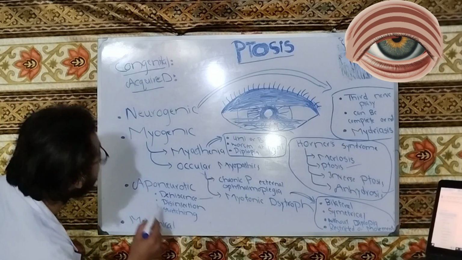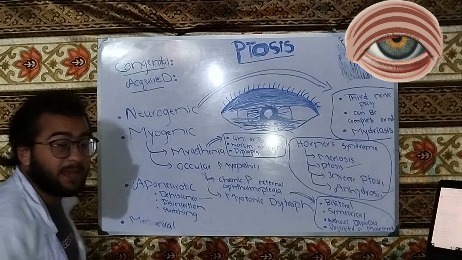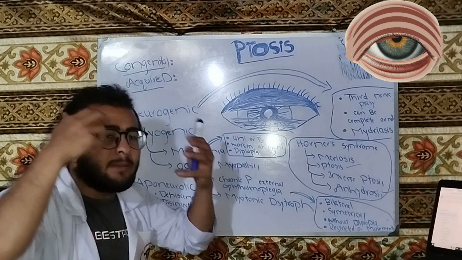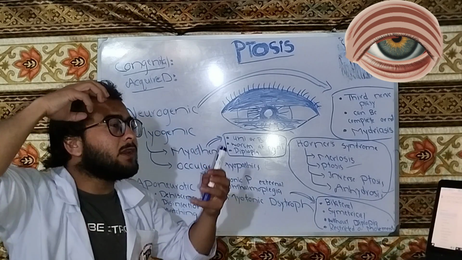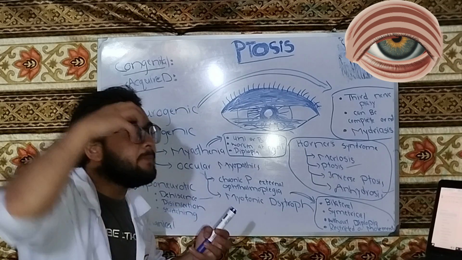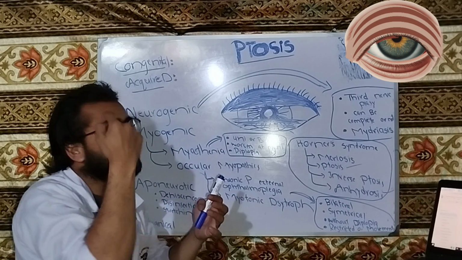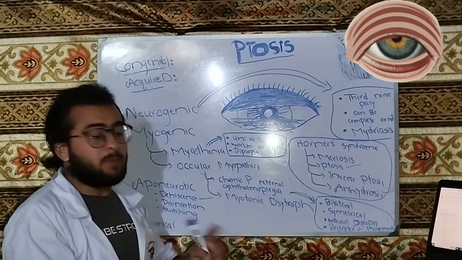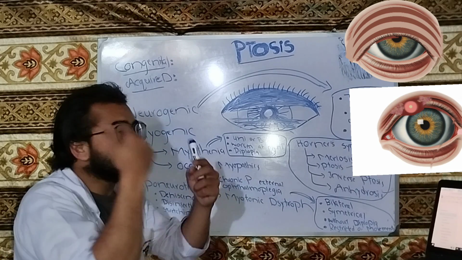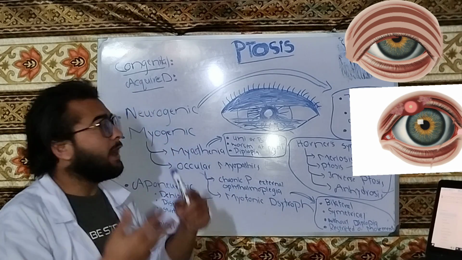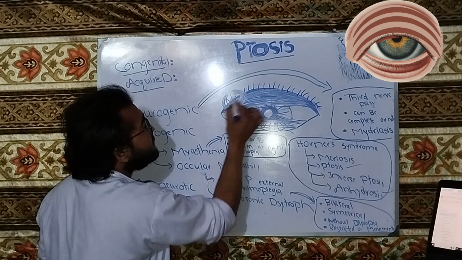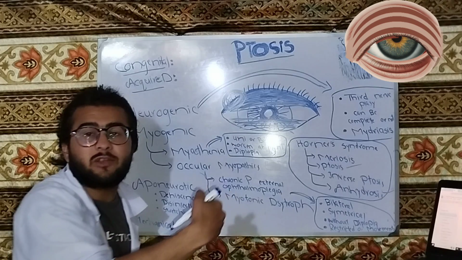The last type of acquired ptosis is mechanical ptosis. For example, if there is some bump or lump on the upper eyelid, what will happen? The mechanical weight will cause the upper eyelid to come to a lower abnormal position. For example, if there is a chalazion in the upper eyelid, this mass will create a downward force and will cause ptosis.